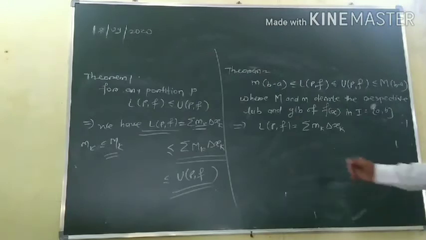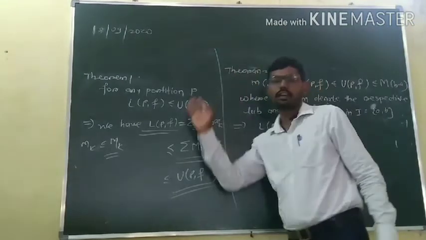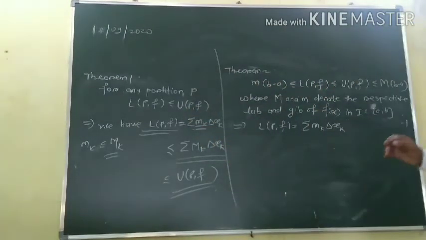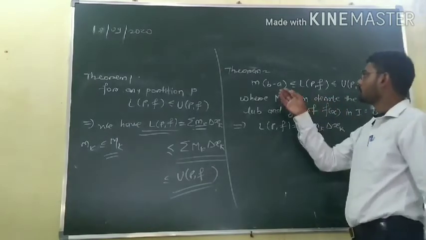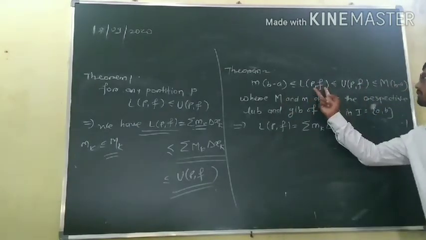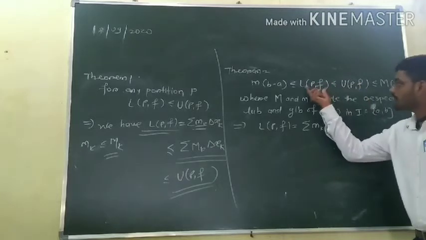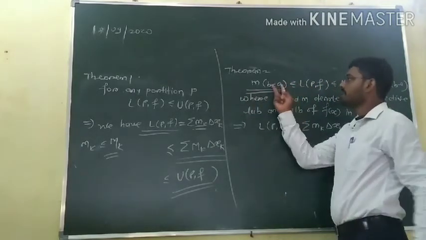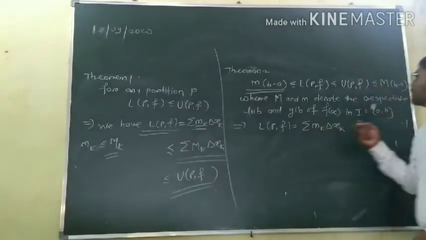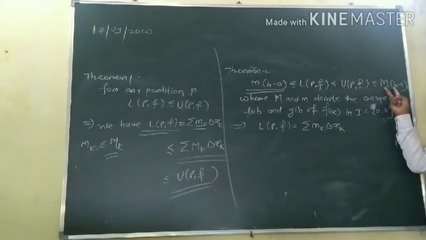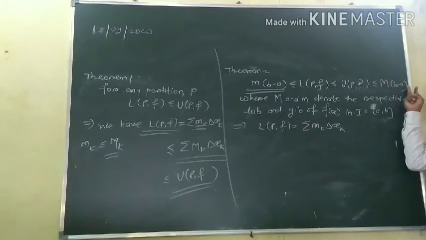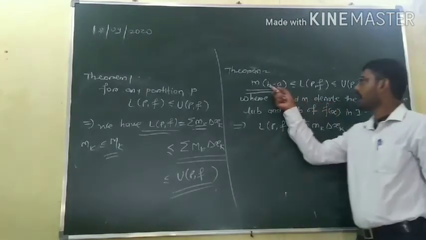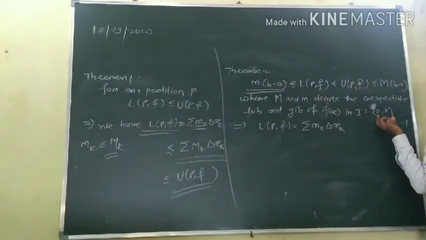So now, similarly, the second theorem. What do we have to prove in this theorem? We have to prove that the lower sum is less than or equal to the upper sum, but the lower sum is always greater than or equal to this value, m times (b minus a), and the upper sum is always less than or equal to M times (b minus a). Now what are b and a? b and a are the endpoints of the interval.